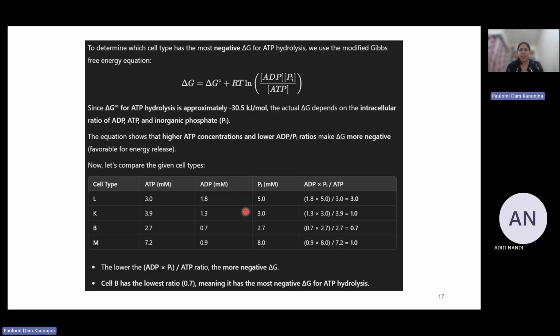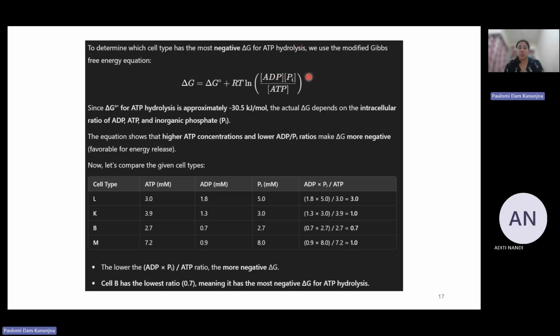Now, you have several of these concentrations, this and that. What you need to remember is for your delta G to be negative, you would prefer a lower value of this ratio. This value should be low so that delta G also becomes low.